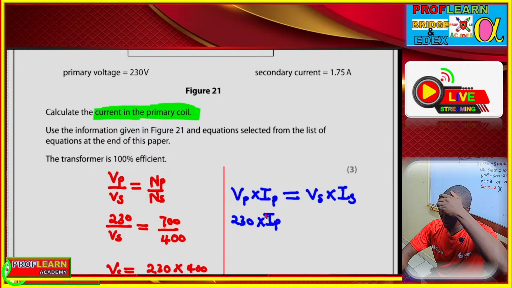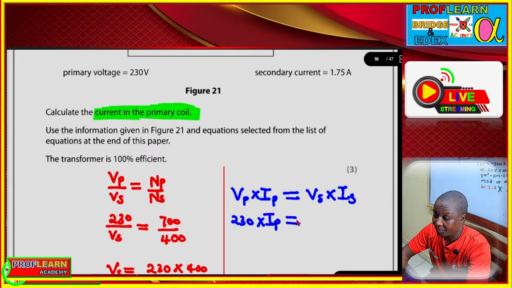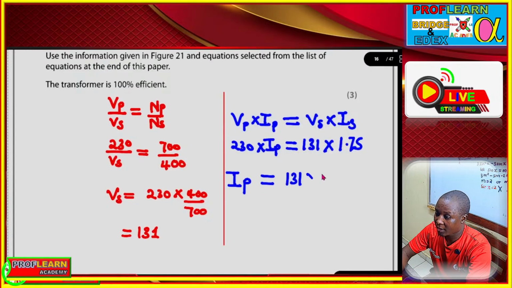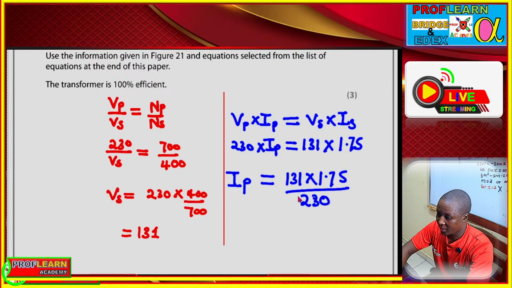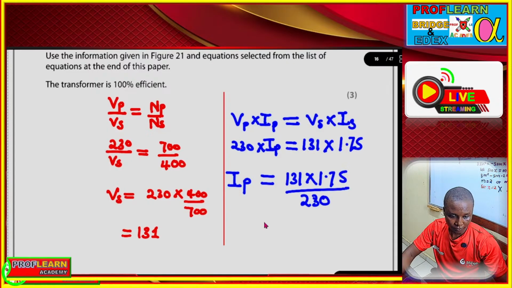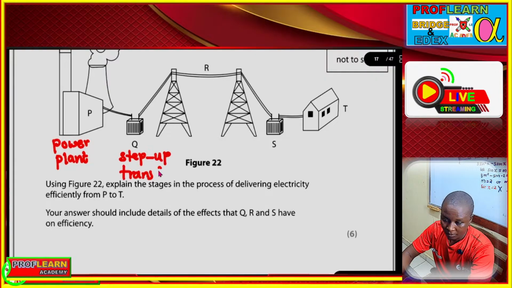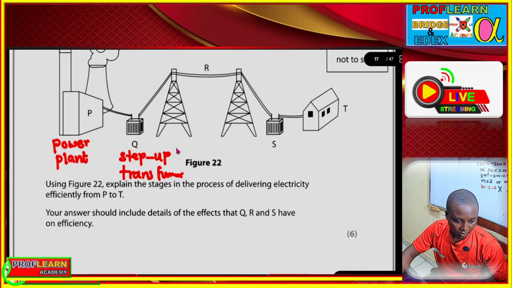So I want us to find the current in the primary coil, and by dividing by 230 both sides, this is going to translate to what? Oh, did I make a mistake somewhere? Did I make a mistake somewhere, guys? Let me check.